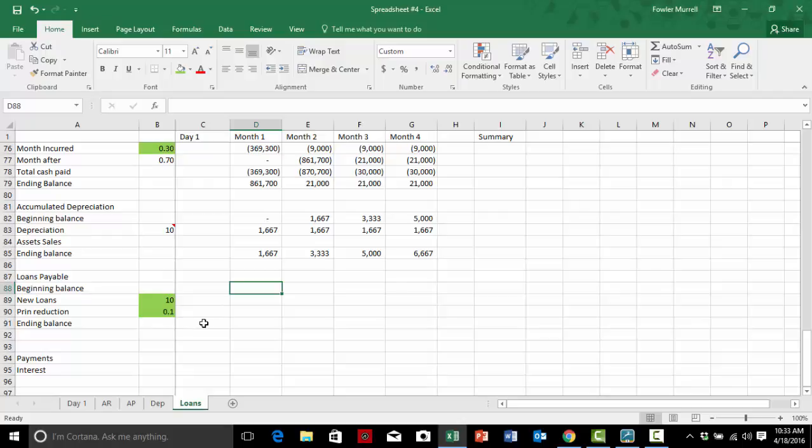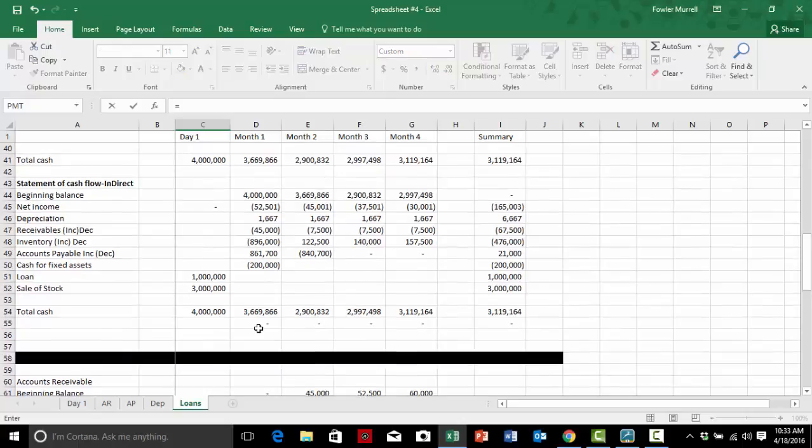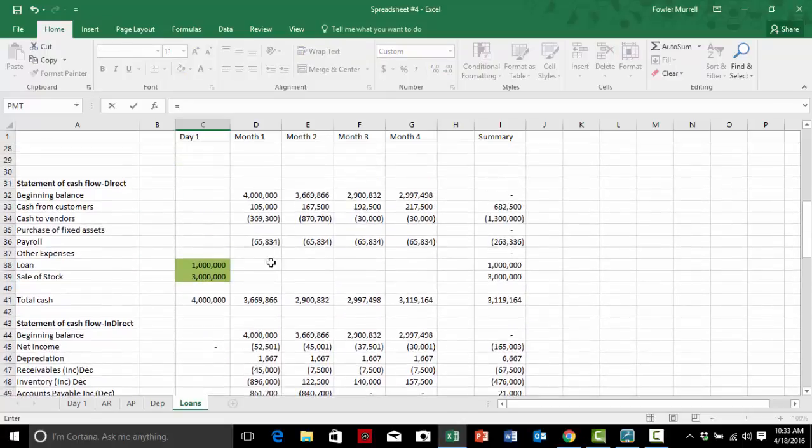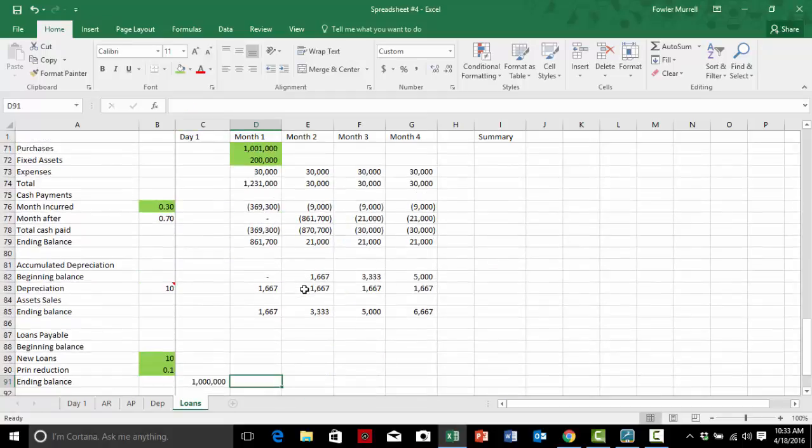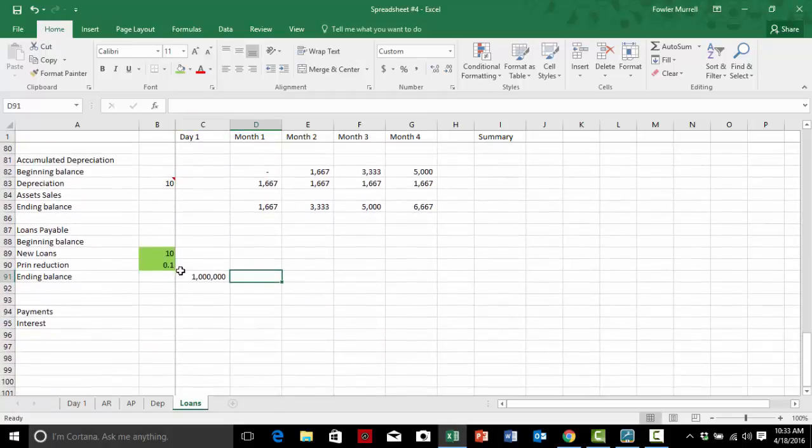Our ending balance here is the loan that we took out on day one. So this is our ending balance. Okay. So our beginning balance is equal to this ending balance. This is our beginning balance. We have no new loans.